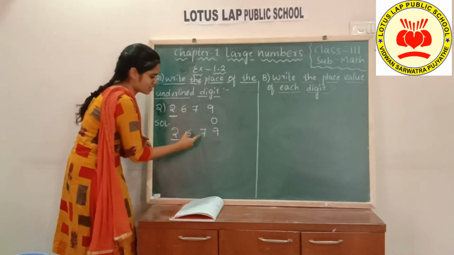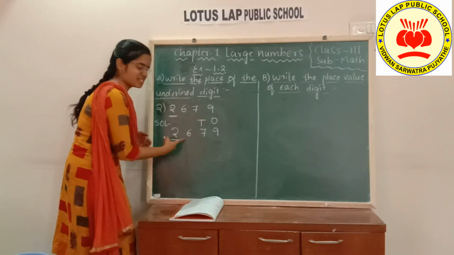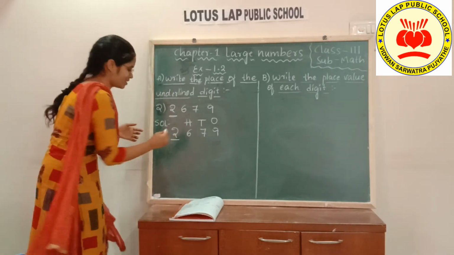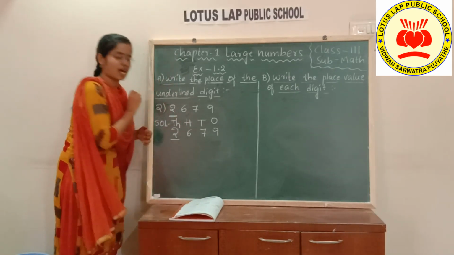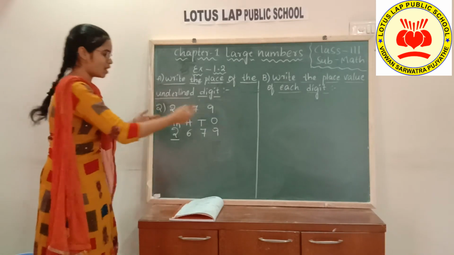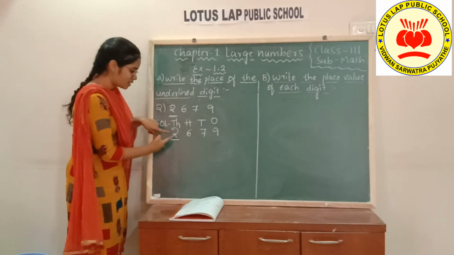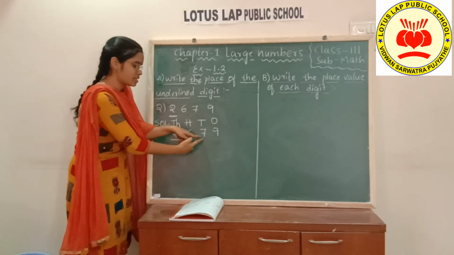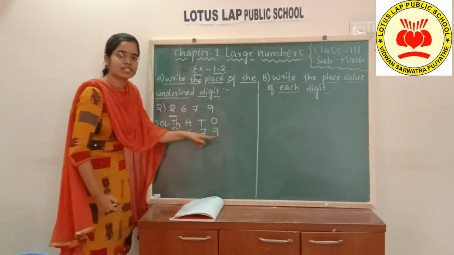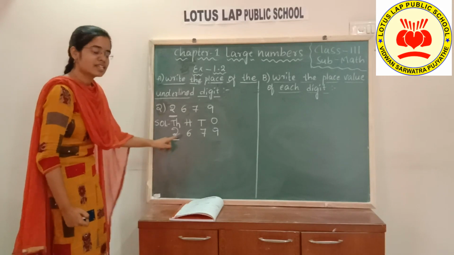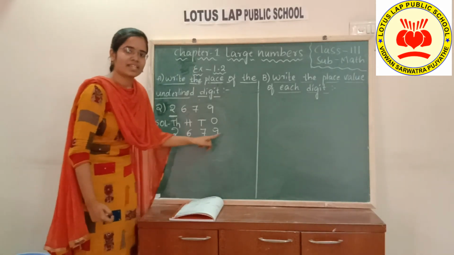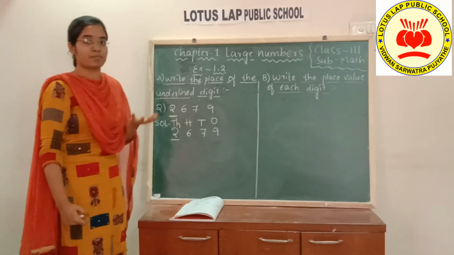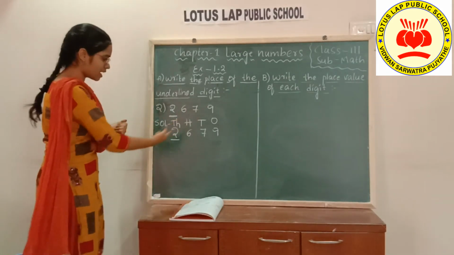Ones place. Next, tens place. Very good. Next, hundreds place. Next, the last is thousands place. Now we should read the number: 2679. Now we shall see the underlined digit's place. What is the underlined digit? 2.